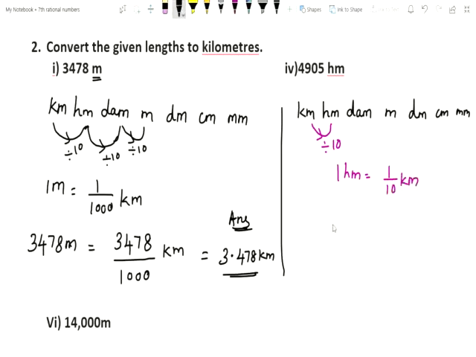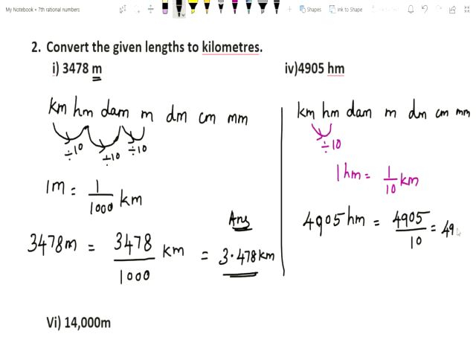So 4,905 hectometer equal to 4,905 divided by 10. Here 10 is there, so only 1 zero is there, so you should keep only 1 decimal.